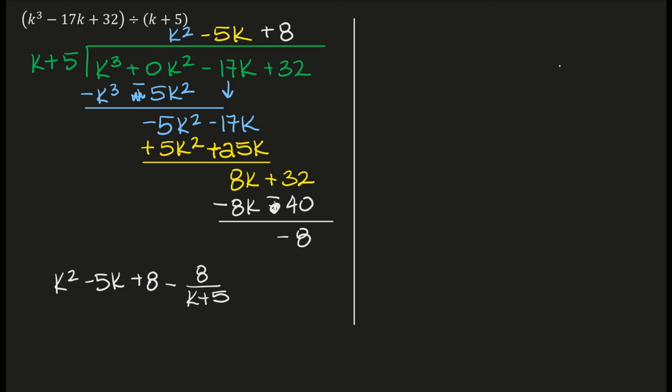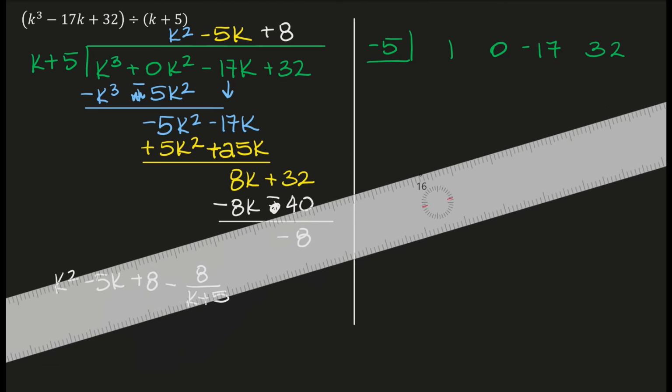So we're going to go ahead and say that negative 5 is the number we're starting with. And our coefficients are going to be 1 by the k to the third. K squared, that coefficient is 0. By the k, that is negative 17, and then I have 32 as my constant.